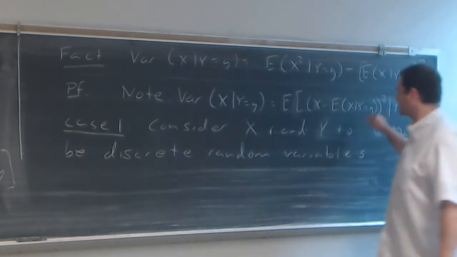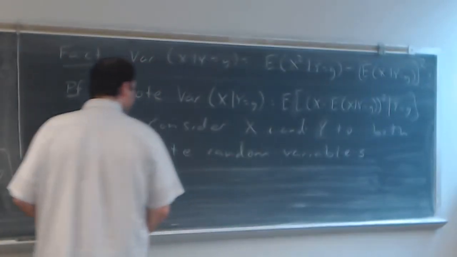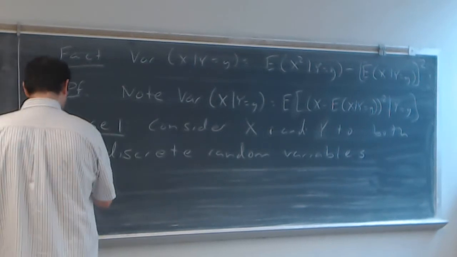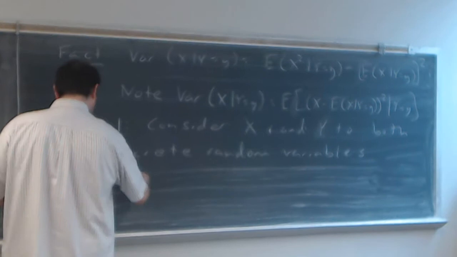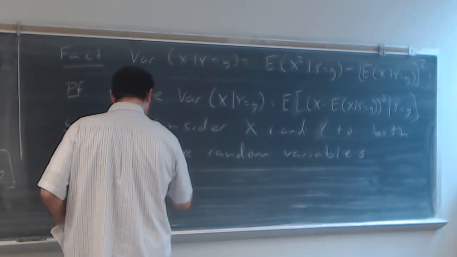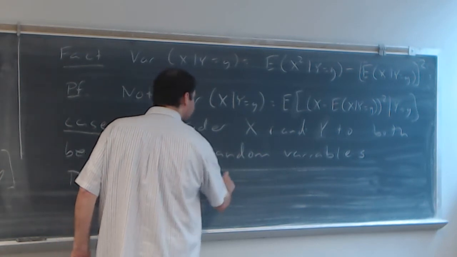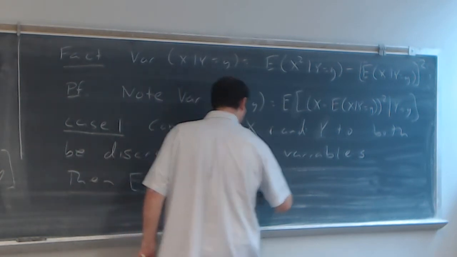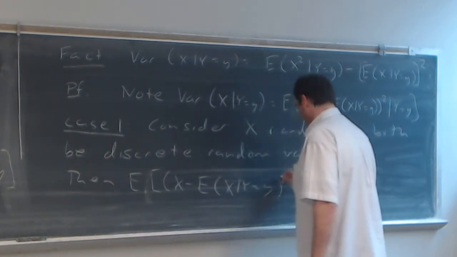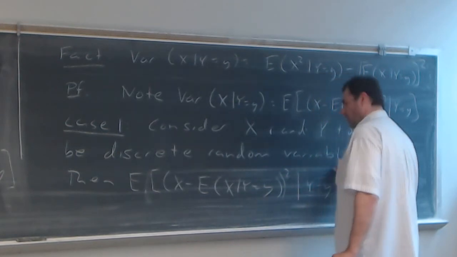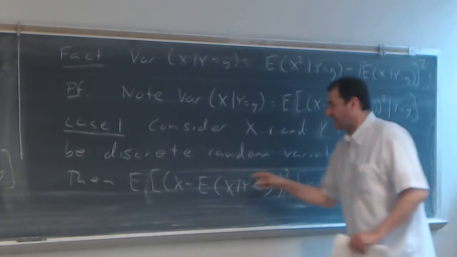So we're looking at this expected value here. The first thing we'll write is the expected value of the quantity x minus the expected value of x given y equal to y, that to be squared, given y equal to y. We'll square this out first.